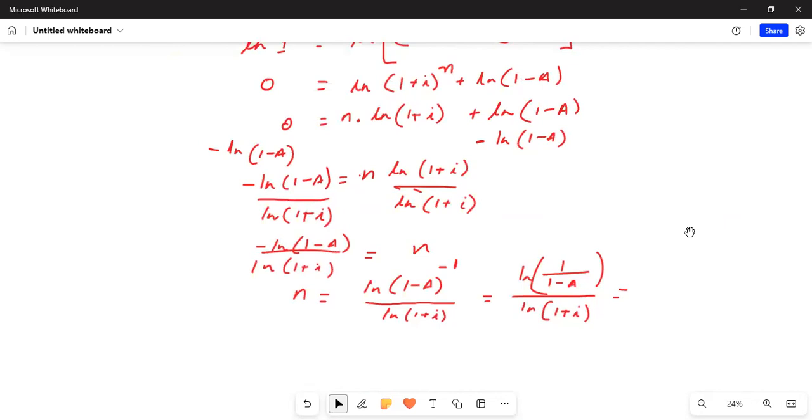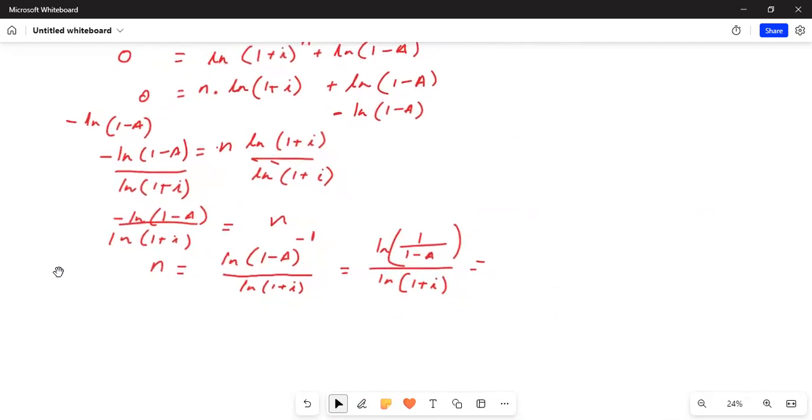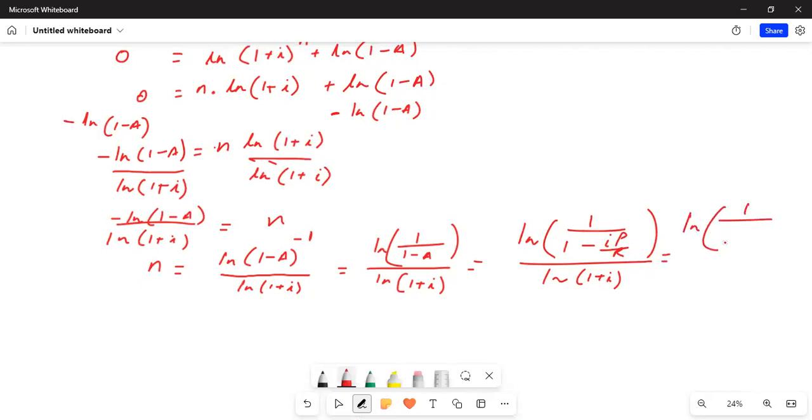So ln of 1 over (1 minus i times P over R) divided by ln (1 plus i). So this can be simplified into ln 1 over, I can write this as R over R minus iP over R, right?